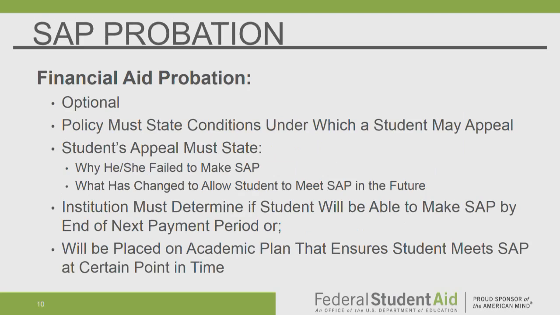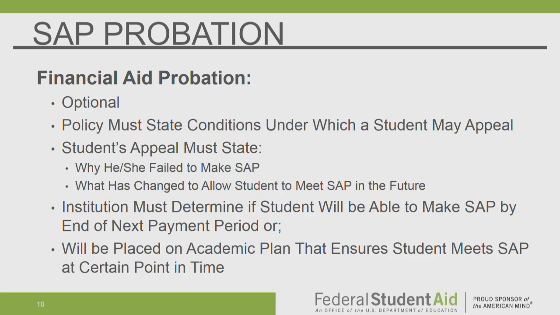So the student's appeal has to state why he or she failed to make SAP. You'll get common answers. Usually it could be the death of a parent or a relative. There could be traveling overseas. There could be a lot of things from homesickness to physical illness, all sorts of different things.